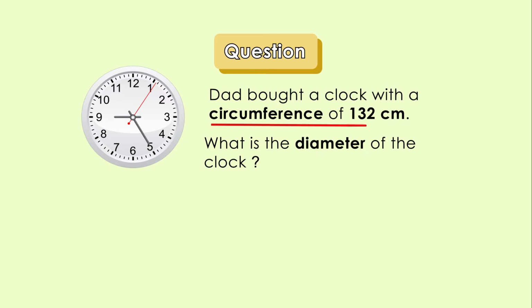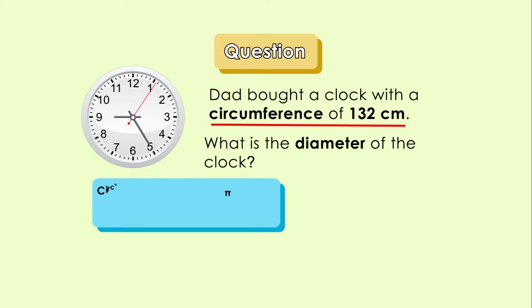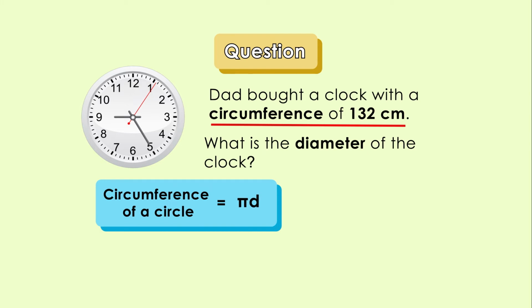Given that the circumference of the circle is 132 centimeters, we can start off by writing the formula for the circumference of a circle. The formula for the circumference of a circle is pi d. Hence, pi d equals 132 centimeters, which means pi multiplied by d is equal to 132.